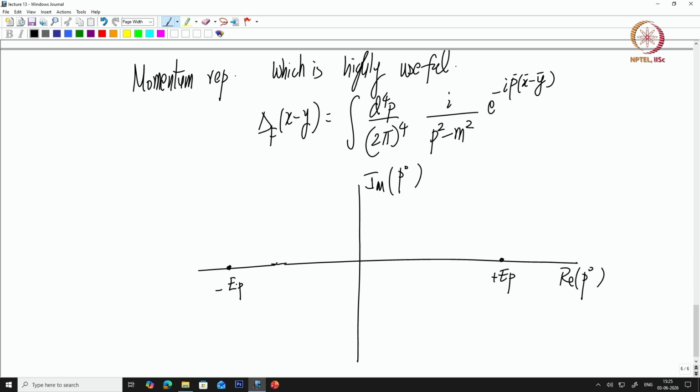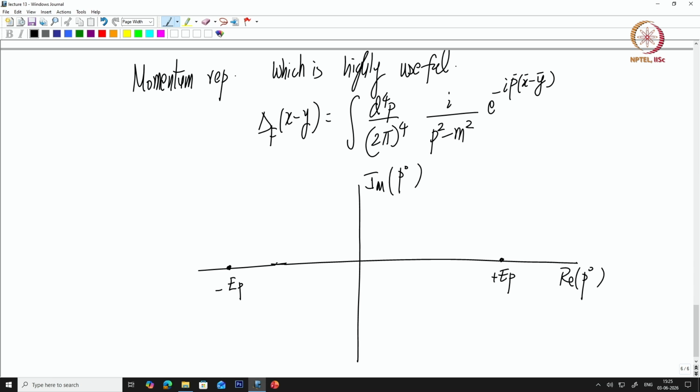So when you close the contour, you have to pick up one of the poles, either this pole or that pole. When you are closing clockwise, you will take one of the poles. When you are closing anti-clockwise, you take the other pole. That is the basic idea.